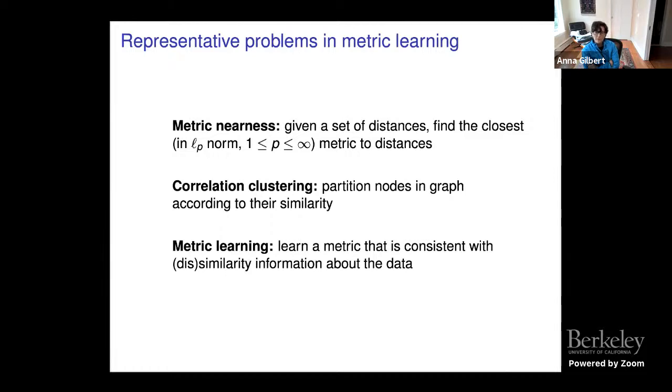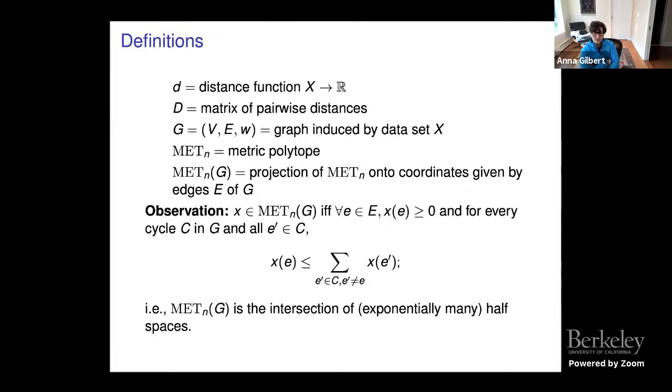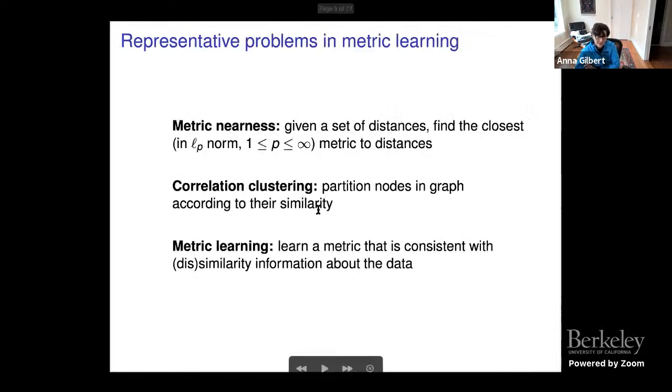You want to find a metric which is as consistent as possible with this similarity or dissimilarity information about the data. These are the three types of problems that we're interested in tackling.